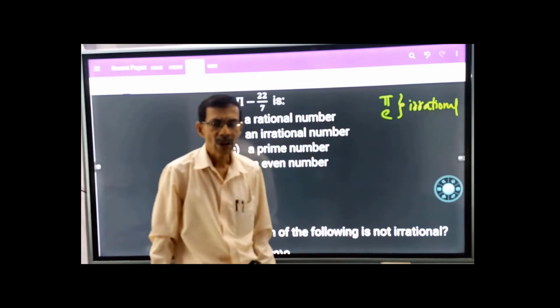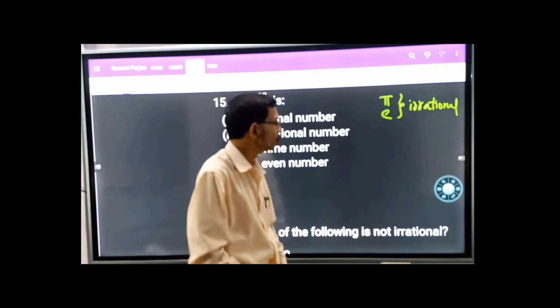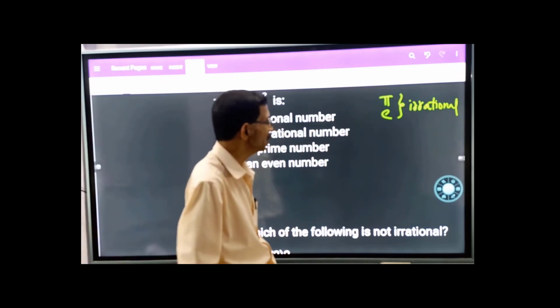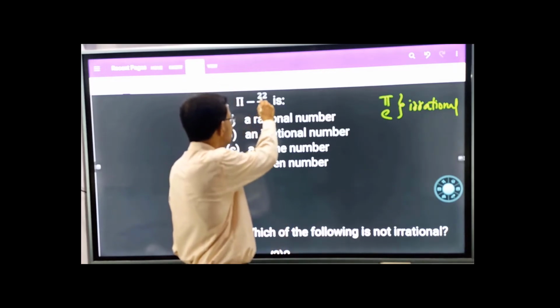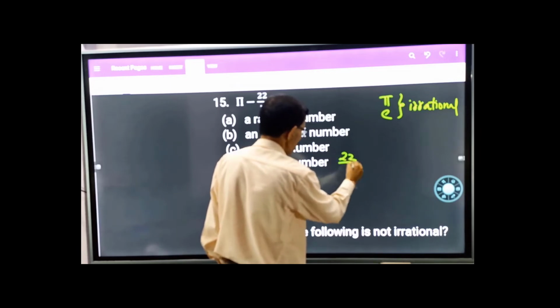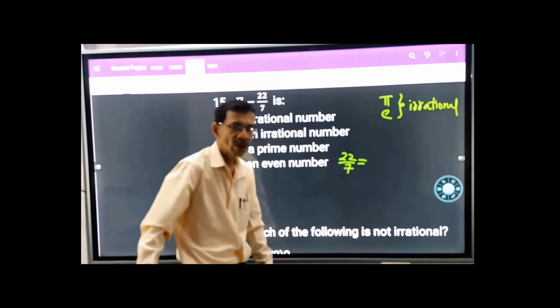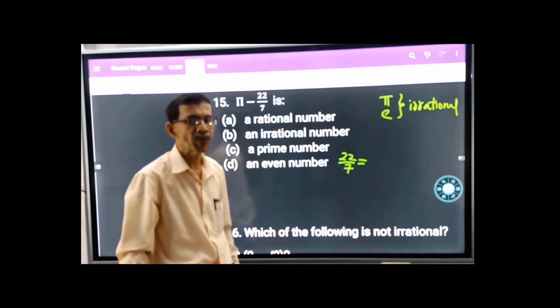Which have got the decimal points which are unending. So like that, pi and e is irrational number. And then 22 upon 7. What is this 22 upon 7? 22 upon 7 actually we take approximate value of pi. It is not an exact value of pi.